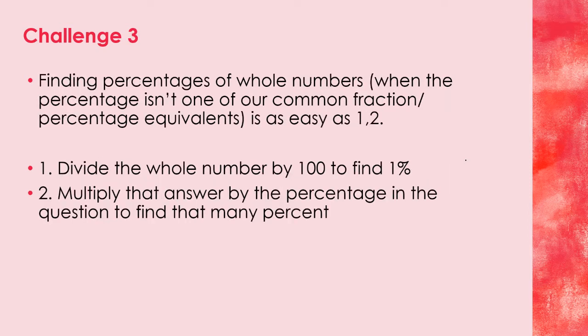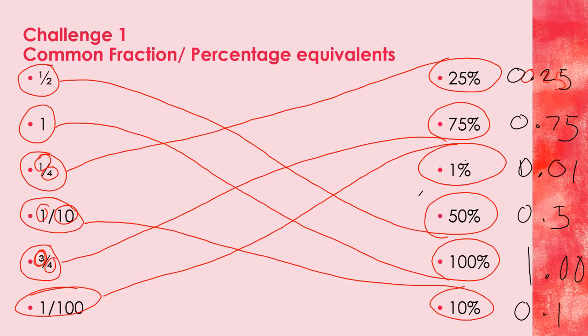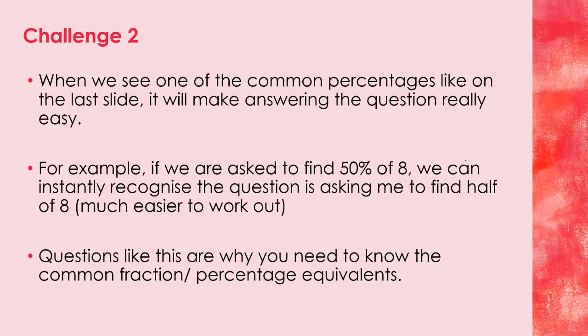Welcome back, and welcome to the last bit of this video, which is challenge 3. Challenge 3 is all about using that two-step guide we spoke about in order to find any percentage of something. When we have a percentage such as 50%, 25%, 10%, we need to use our fraction knowledge. That's why we need to be able to identify those in the question.